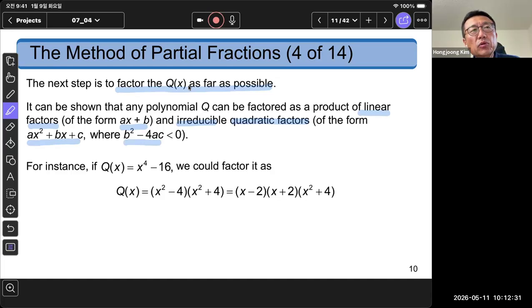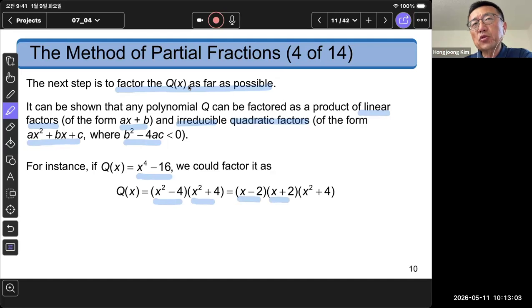So if you want to split this ax squared plus bx plus c as a product of linear factors, then you need to introduce complex numbers. So for example, in case of x to the fourth minus 16, I can easily factor this as a product of x squared minus 4 times x squared plus 4. Now, in case of x squared minus 4, I can go one step further to x minus 2 times x plus 2.